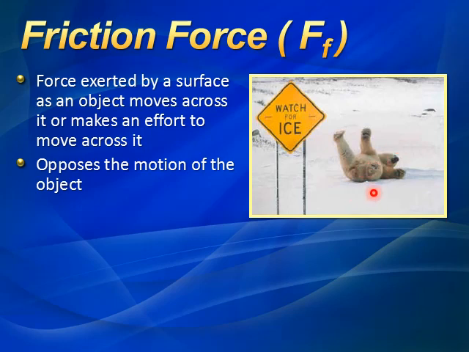Kaya lang, yung friction na yun is very small, kaya nadulas yung ating polar bear. So, the direction of the friction force is always opposite to the direction of the motion of the object. So, for example, kung yung polar bear na to papunta dito, pababa siya, yung friction is acting upwards, opposite to the direction of the motion of your polar bear.